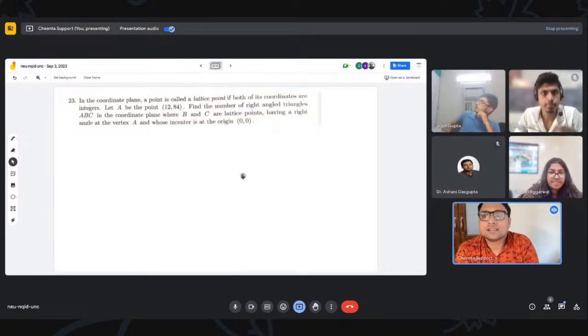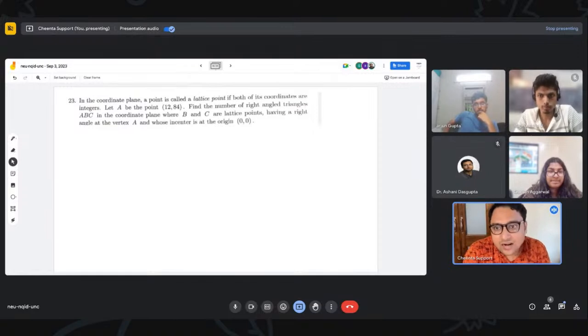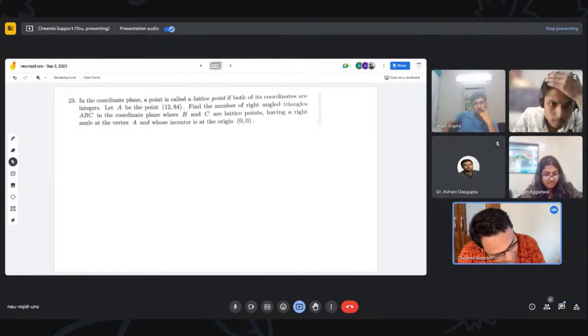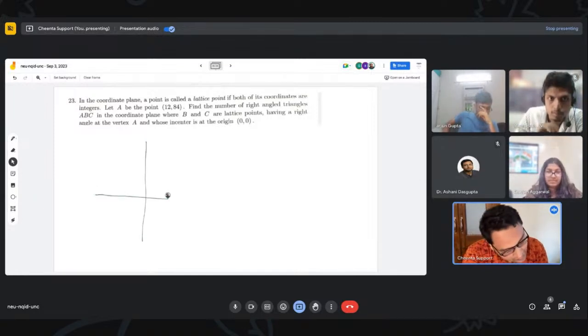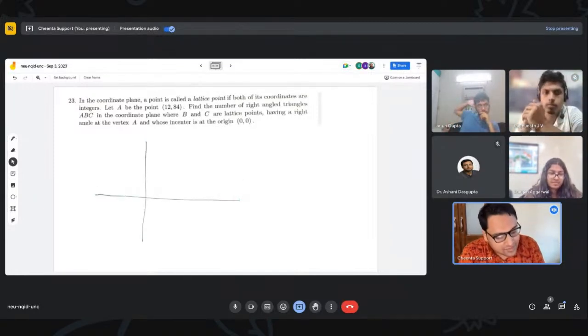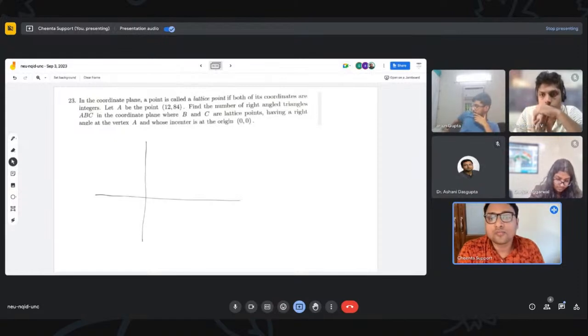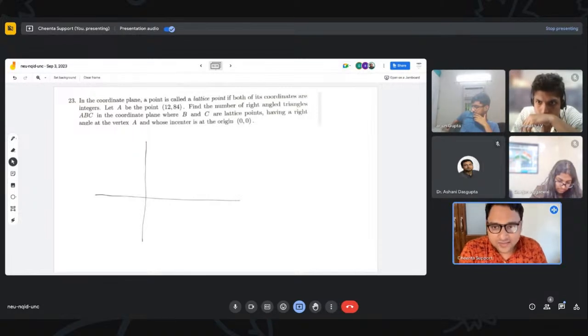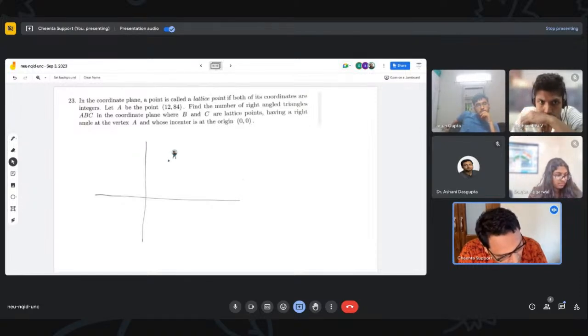So let's look at problem number 23, friends. We have the coordinate plane, the xy plane. A point is called a lattice point if both of its coordinates are integers. We have a point A here whose coordinate is (12, 84).